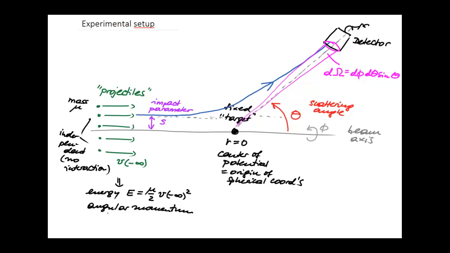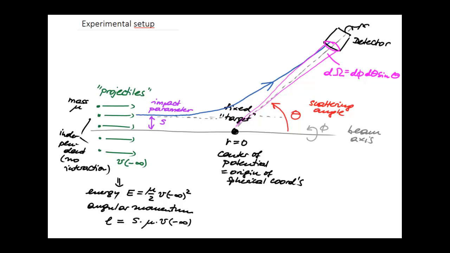Now the angular momentum is R vector product with P, and the magnitude of the angular momentum is then the distance from the beam axis, which is the impact parameter s, times the absolute value of momentum, which is mass times velocity.